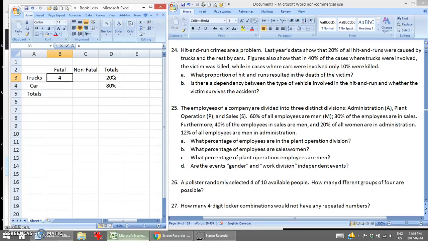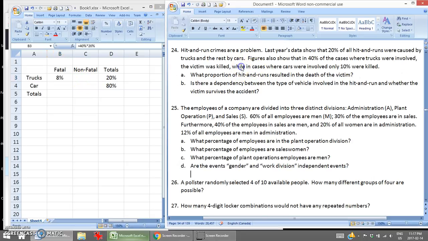We can't put 40% there because the total adds up to 20 and this can't be larger. Careful reading of the question implies that it's 40% of the trucks involved in accidents, so it's 40% of 20%. Doing that math, 40% times 20% leaves us 8%.